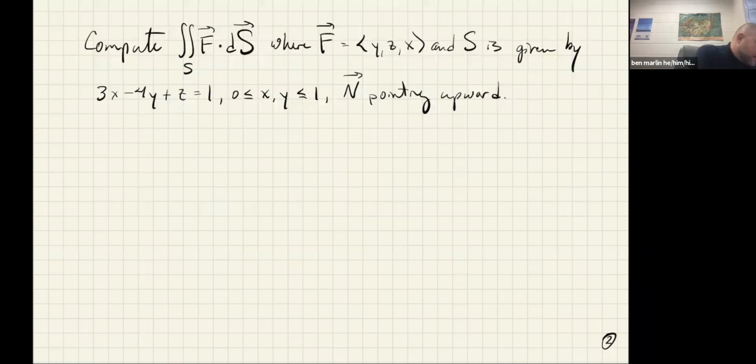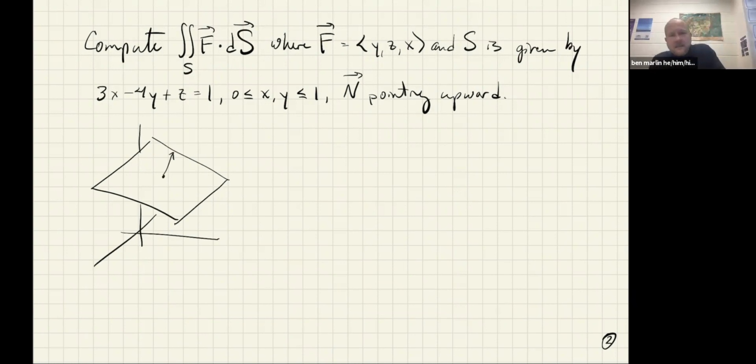Okay. So we've got something plane like. I am not making an attempt to get this to point exactly the right direction or anything. But the nice thing here is that for that n vector, it's going to be constant.